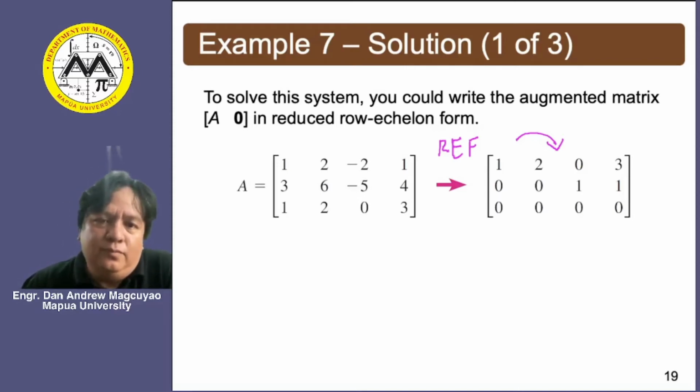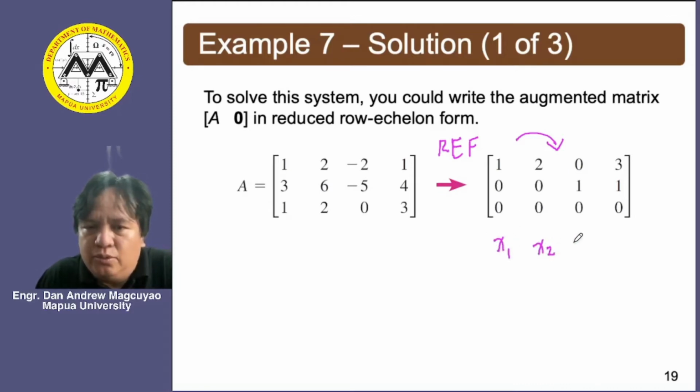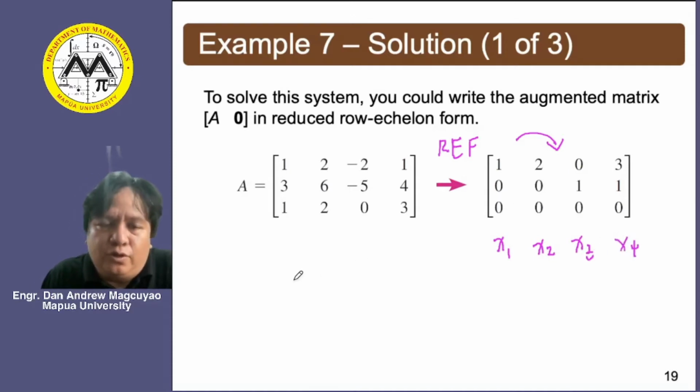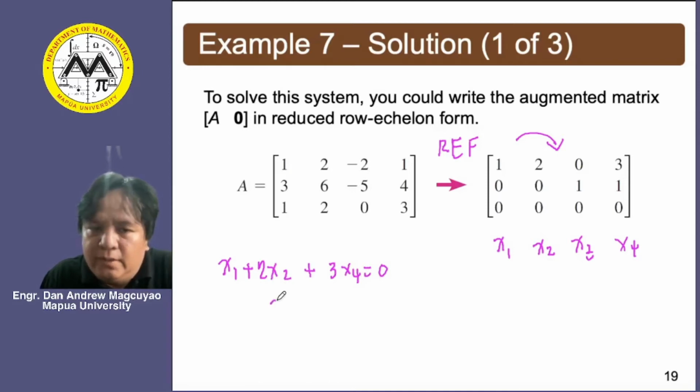If we write the solution, it would be x1, x2, x3, and x4. So x1 plus 2x2 plus 3x4 equals 0. We also have x3 plus x4 equals 0.